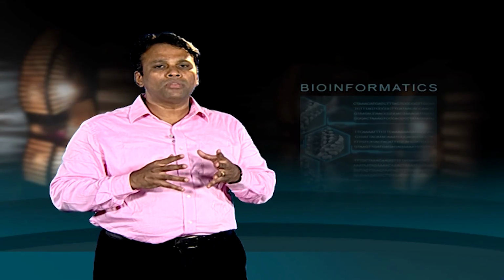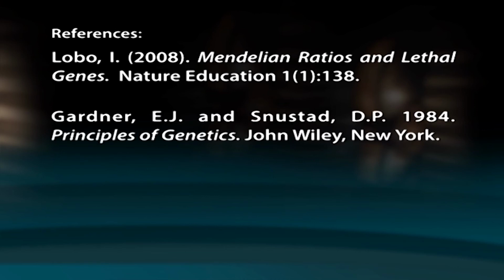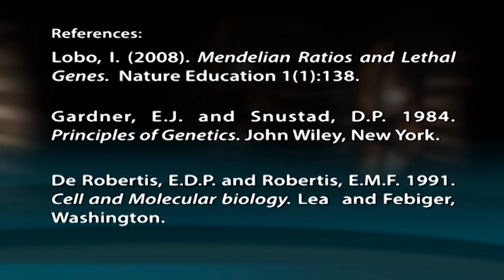Now, I can also suggest some books for your further reading. First one is entitled Mendelian Ratios and Lethal Genes, written by Lobo and published by Nature Education in the year 2008. Second book is entitled Principles of Genetics, written by Gardner and Snustad in the year 1984, published by John Wiley, New York.